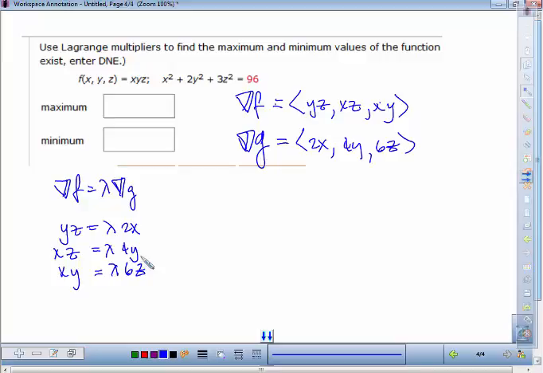So this is so far 3 equations, but we have 4 unknowns, and so our 4th equation is going to be x squared plus 2y squared plus 3z squared is equal to 96.